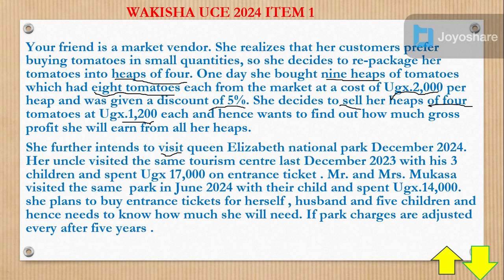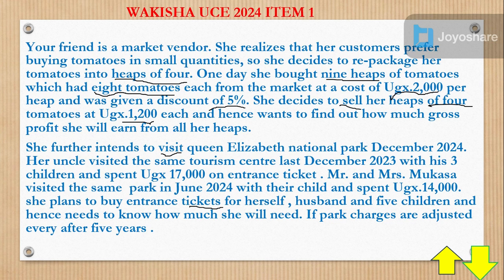She plans to buy entrance tickets for herself, her husband and 5 children, and hence needs to know how much she will need. In the first part she wanted to know how much profit. Those are two different parts, however, in one question.